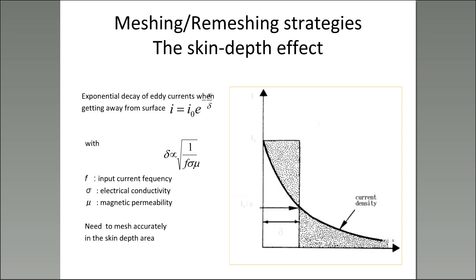One thing you really need to pay attention to when modeling electromagnetic coupled problems is the skin depth effect. As you can see here, in the classical skin depth effect, eddy currents concentrate in the area located under the surface and decrease from the surface as you move inside, with an exponential of minus x over delta, where delta is the skin depth.